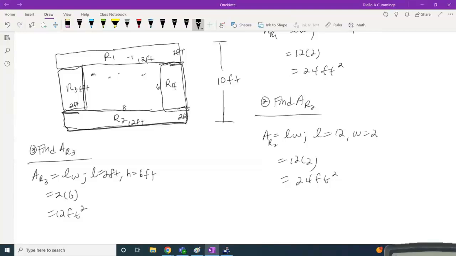And then last, we're going to find the area of rectangle 4. The area of rectangle 4 should be the exact same area as rectangle 3, because they have the same dimensions. The length is 2 feet and the width is 6 feet.